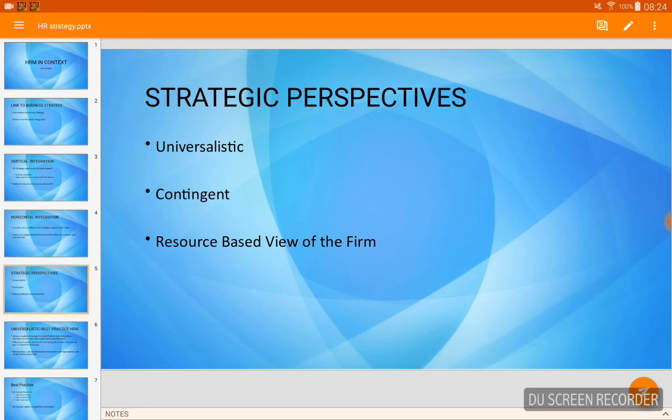Then lastly we have the resource-based view of the firm, which says that people are a resource. We've always heard the expression about people being the most valued resource of the organisation. That's where this is coming from.